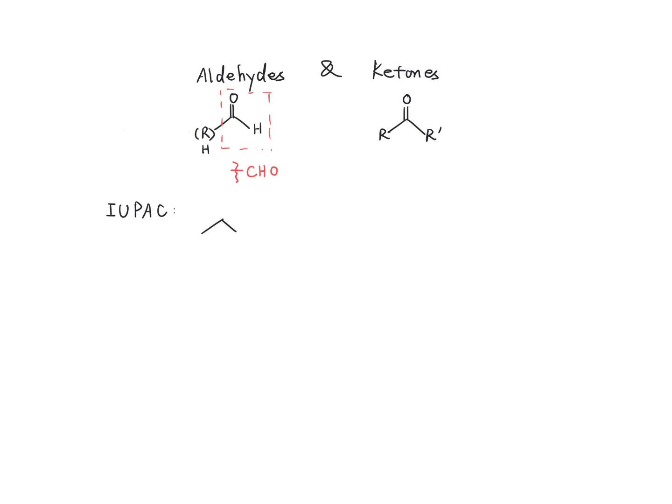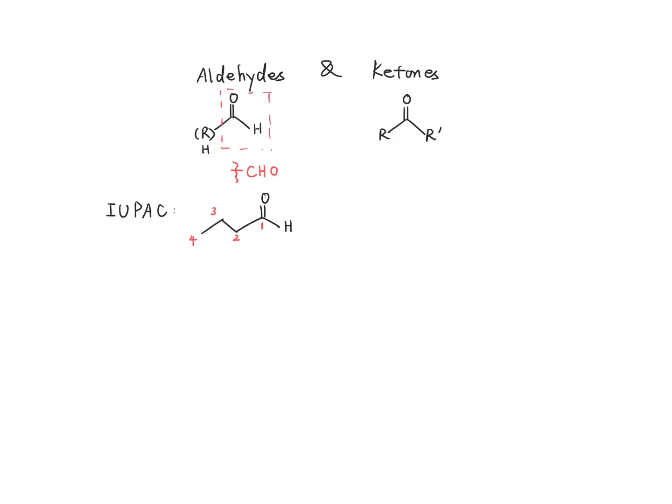For example, if we have this aldehyde right here, this is an acyclic aldehyde. Your R group is an acyclic alkyl group. So what we are going to do here is number the parent chain first. The carbon of the aldehyde functional group will always get number 1. So we'll have 1, 2, 3, 4.